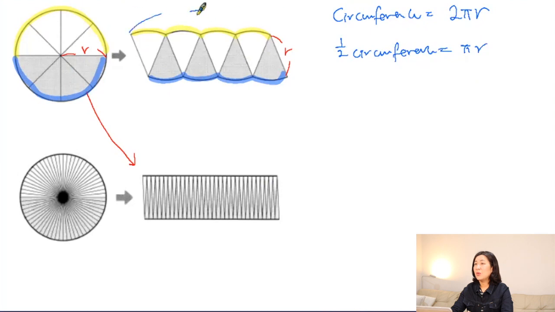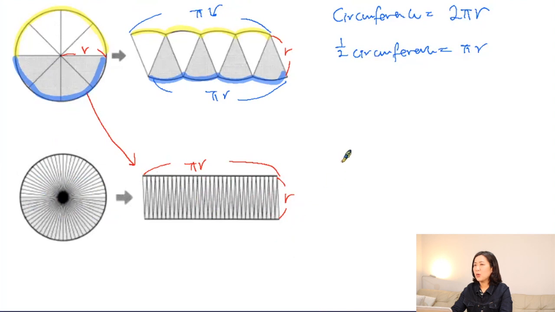This shape is exactly the same as a rectangle. The width of the rectangle will be the radius, because it's just one part of the sector. And the length will be half of the circumference, so the length is pi r.